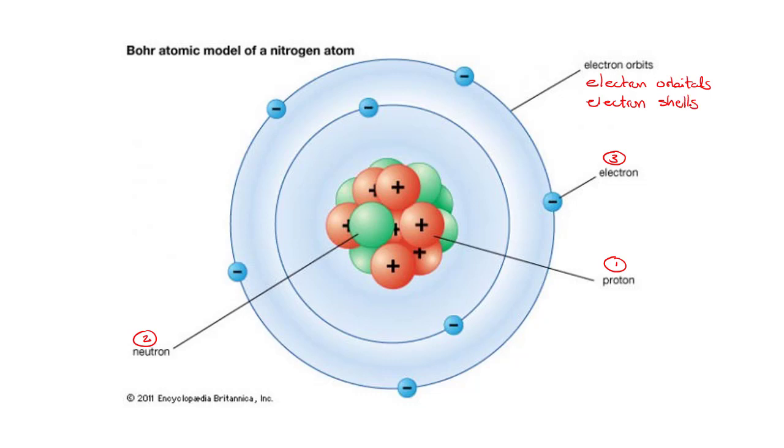Okay. From your note, which I'm hoping that you've at least glanced over before viewing this tutorial, remember that your electron shells can have a maximum number of electrons in them.